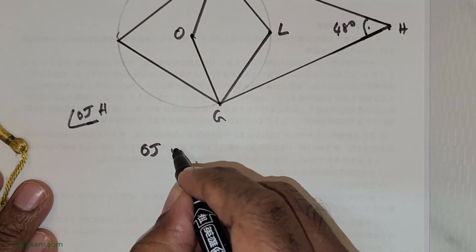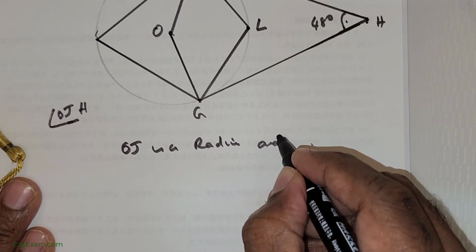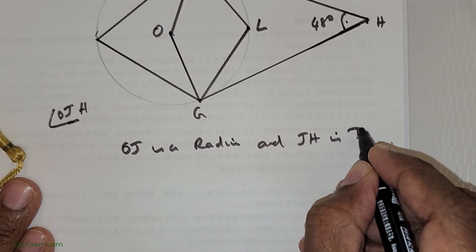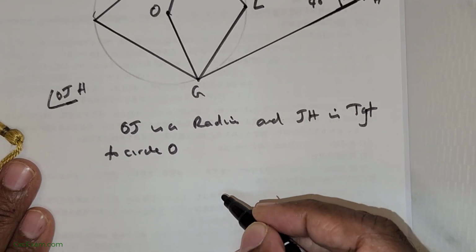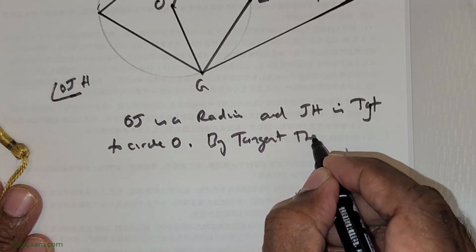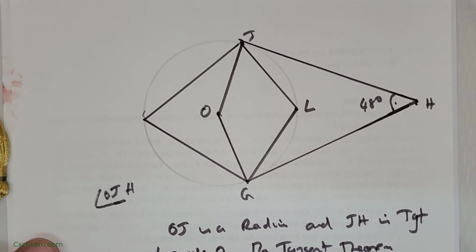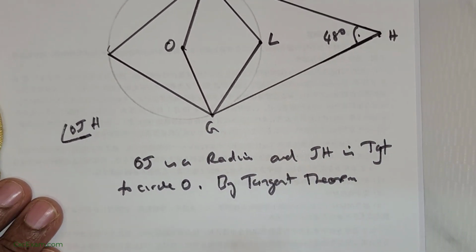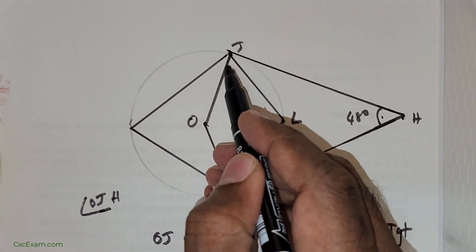Now OJ is a radius and JH is tangent to circle O. By tangent theorem, okay, I hope you got the figure. So this is the figure, and we are asked to find OJH.